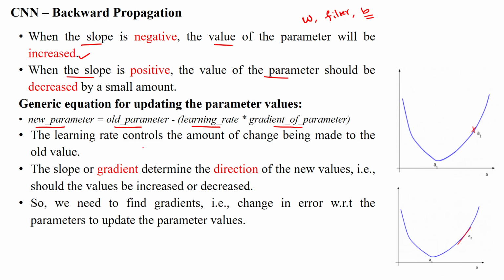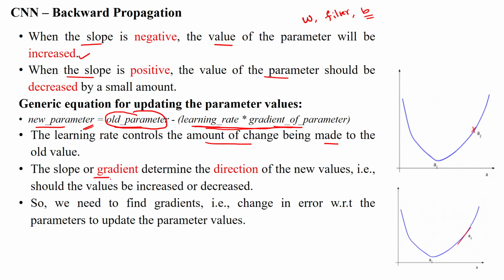So the learning rate is used to control the amount of change which is being made to the old value. So here the old value is there, then we are applying the delta rule to update the parameter value by finding the gradient for each and every parameter. Then we will get the new parameter.